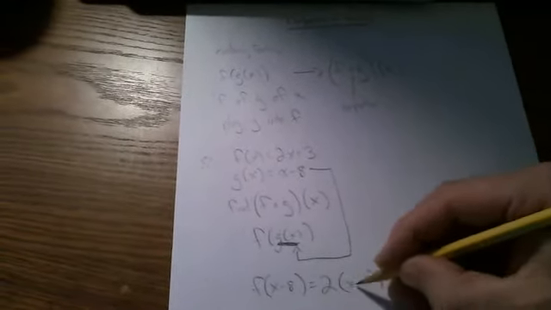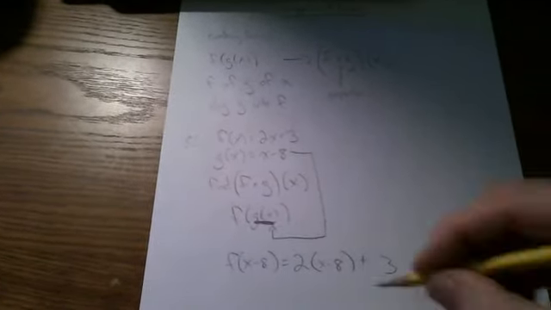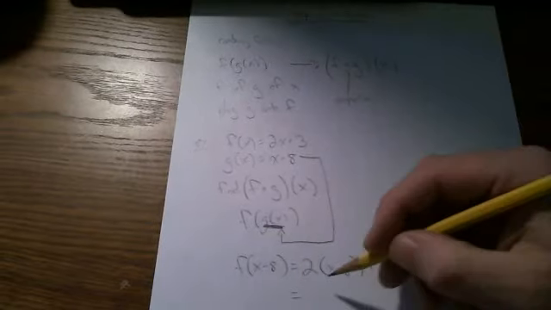So I'm just going to substitute an x minus 8 for x into the rule for f. And now we just have to distribute, 2x minus 16 plus 3, and then combine like terms. 2x minus 13. So f of g of x equals 2x minus 13.